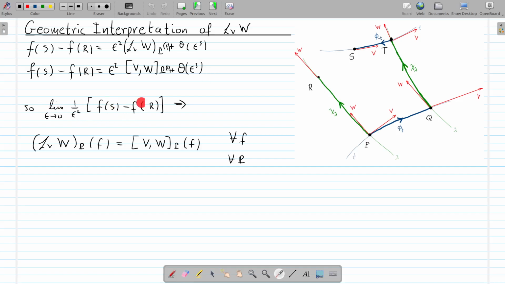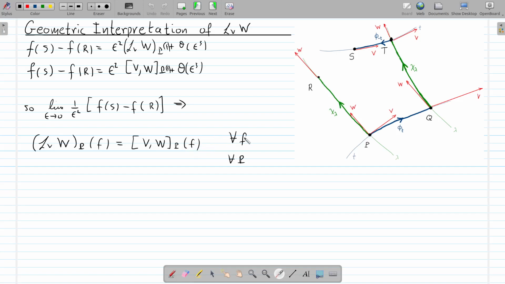By taking this limit of those two equations, we arrive at the equality of the right-hand sides. So when the Lie derivative of W acts on any function f, that will be the same as the commutator of V and W acting on the function f.